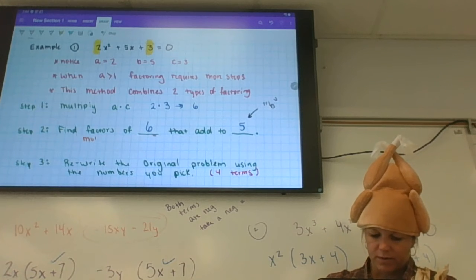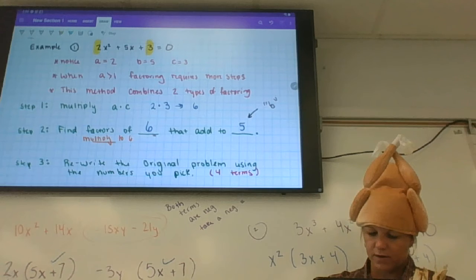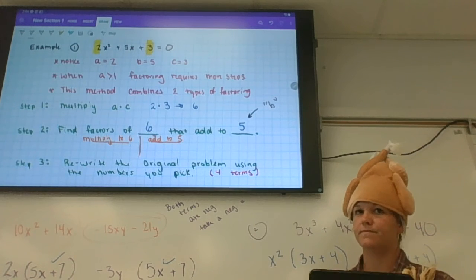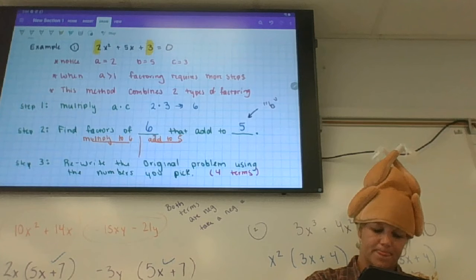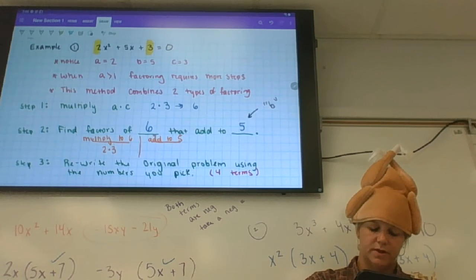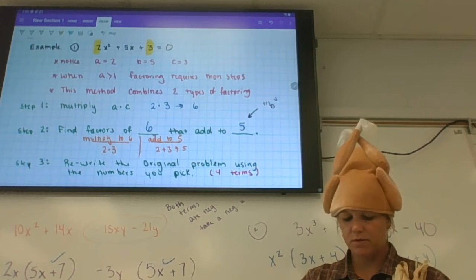So this is like what we were doing before with factoring. Your little riddle. This is the same numbers that multiply to 6 and add to 5. What are they? 2 times 3 is 6, and 2 plus 3 is 5. So same skill we were using before.